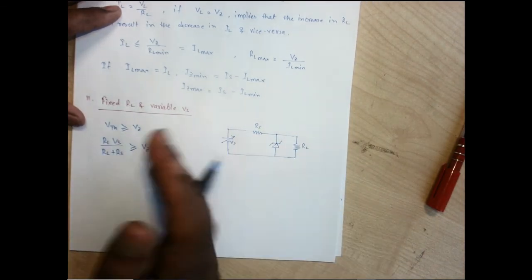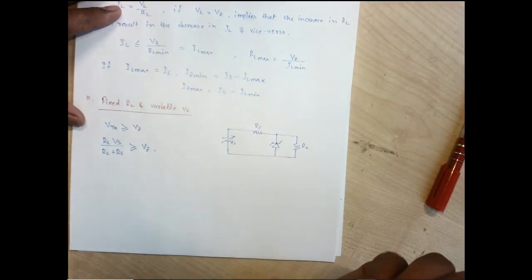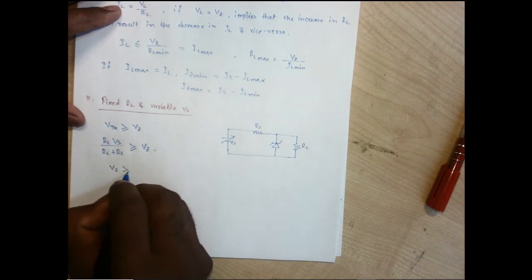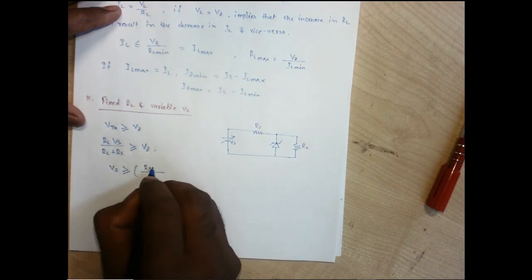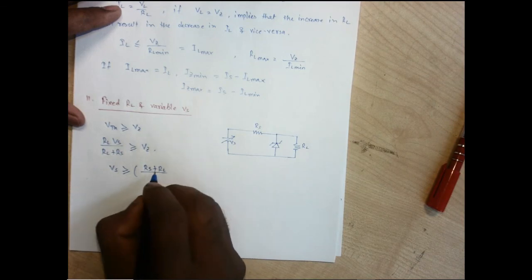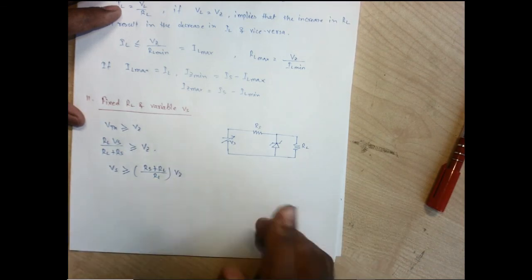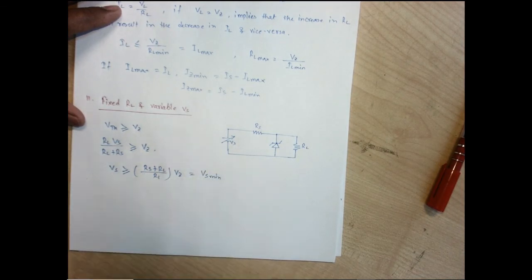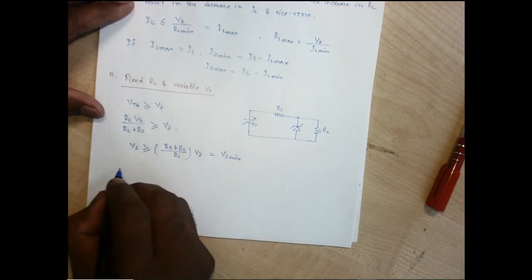Now let us take out this Vs from this equation. To ensure this Vz is in the breakdown region, what must our Vs be? Vs must be greater than or equal to Rs plus RL by RL into Vz, and that is the minimum which ensures the breakdown. So what does this Vs min mean?